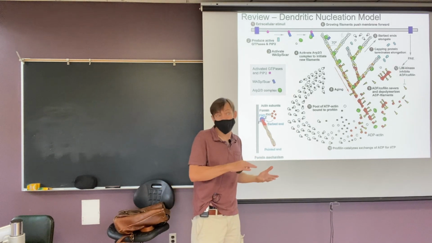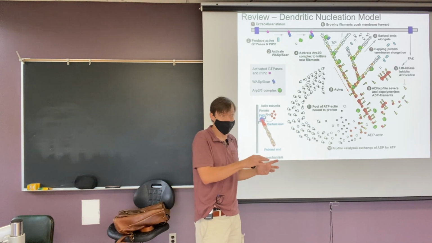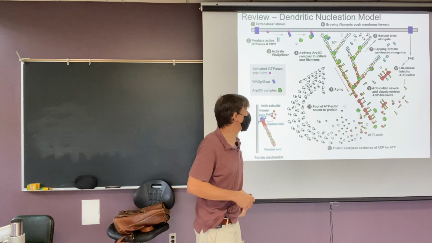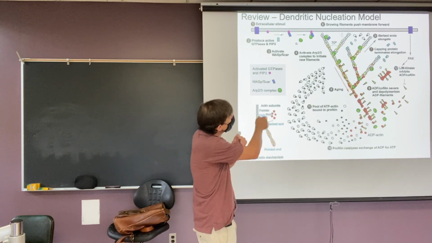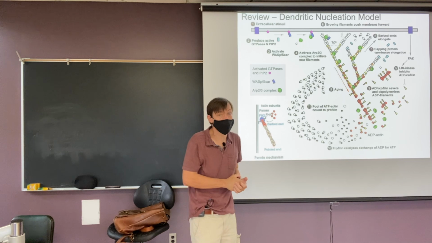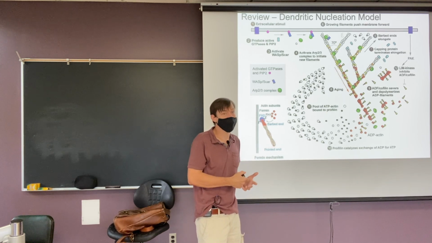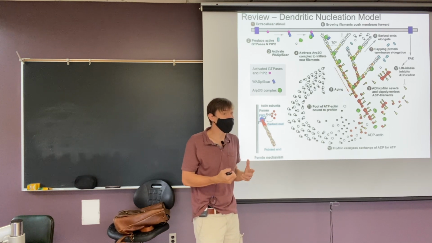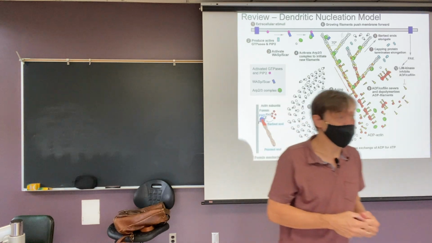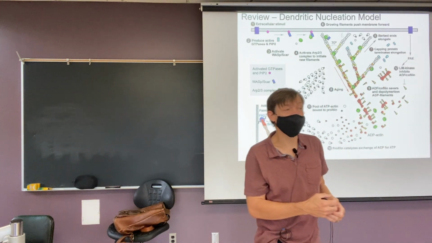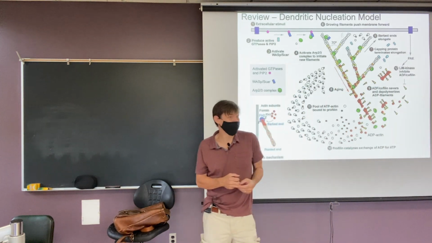Starting from a very elementary or reductionist understanding of actin dynamics, we then build up what is called the dendritic nucleation model. Actually, I'll start off and ask, does anybody know why the dendrites of neurons are called dendrites? Is it like roots? Actually, that's a good question. What does dendrite mean?